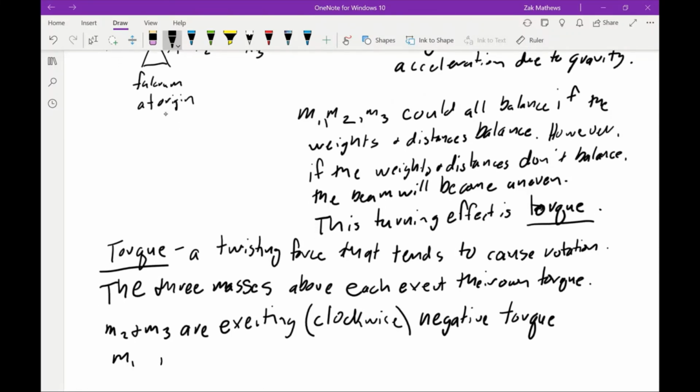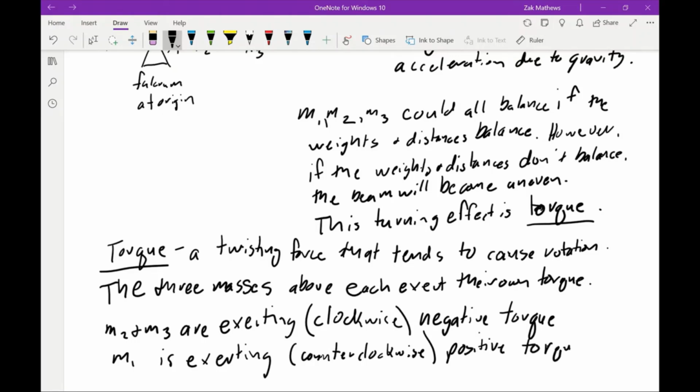M1 is exerting the counterclockwise positive torque. I put clockwise and counterclockwise in parentheses because we would refer to these as negative and positive. I'm just giving you the clockwise and counterclockwise for the visualization since we are new to this torque, but we would typically call these a negative and a positive torque.